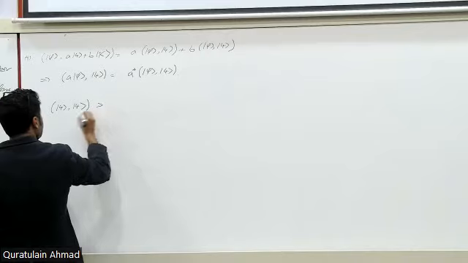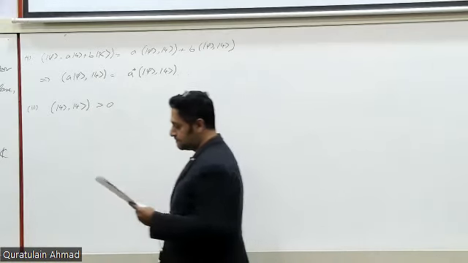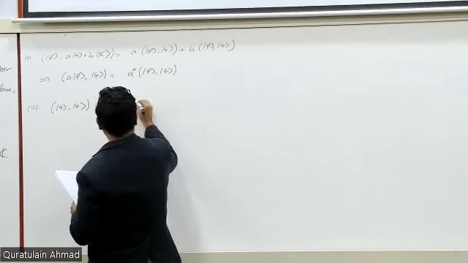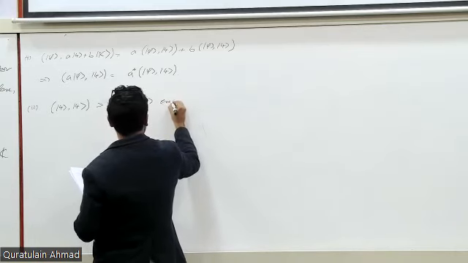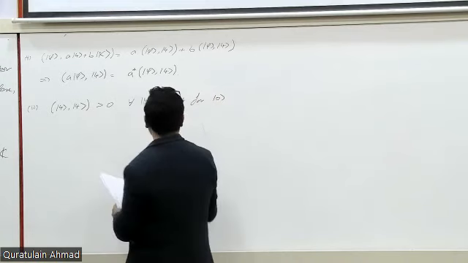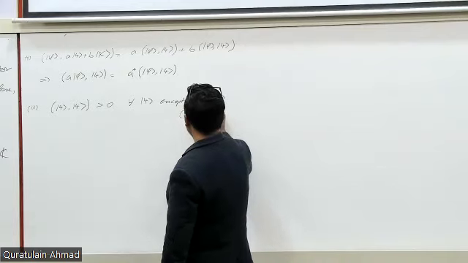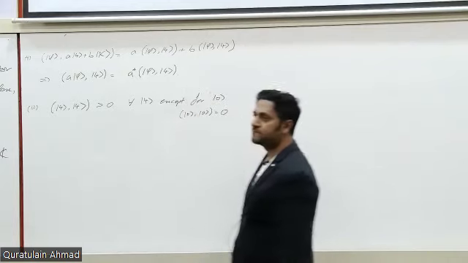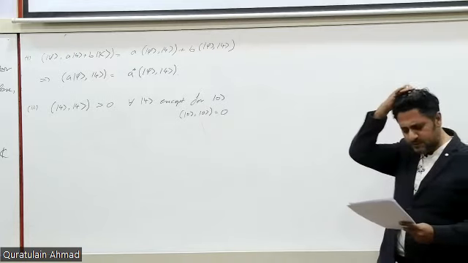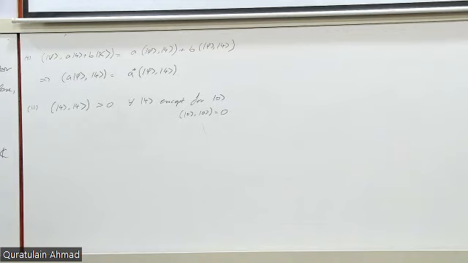So the scalar product of any vector psi with itself is strictly greater than 0, except for the 0 vector, whose scalar product with itself is 0. So it's just the usual inner product on a vector space, just complexified.